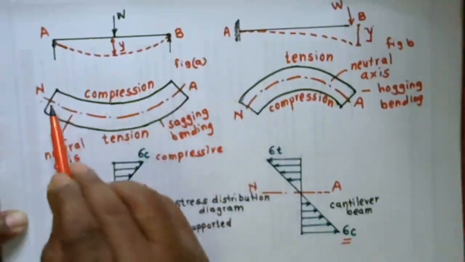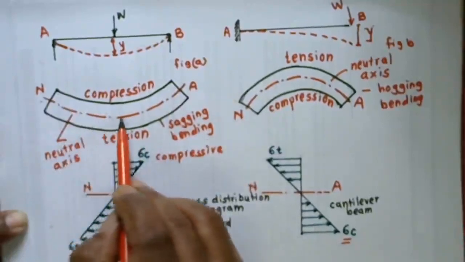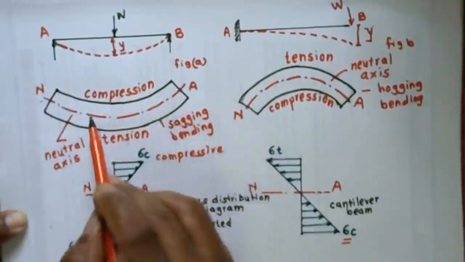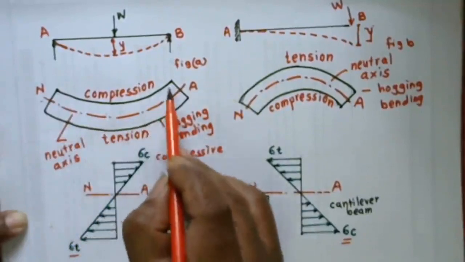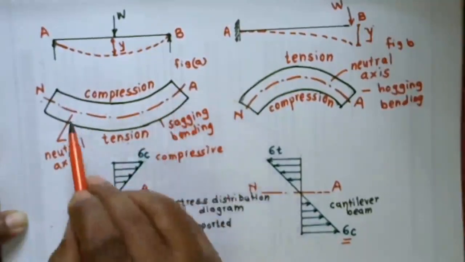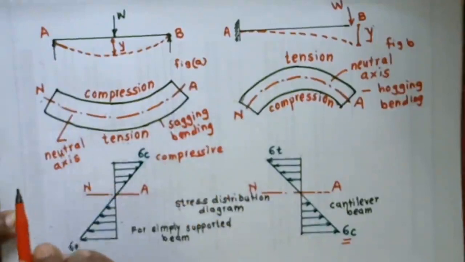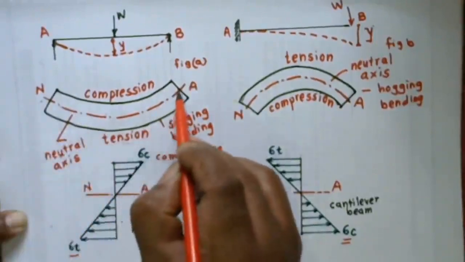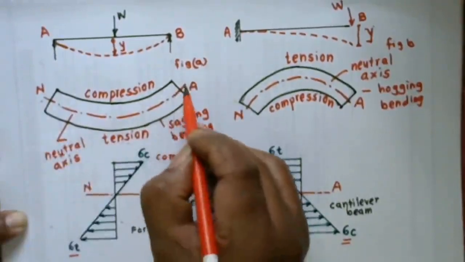The intersection of the neutral layer with any normal cross section of the beam is known as the neutral axis, and this axis always passes through the centroidal axis.